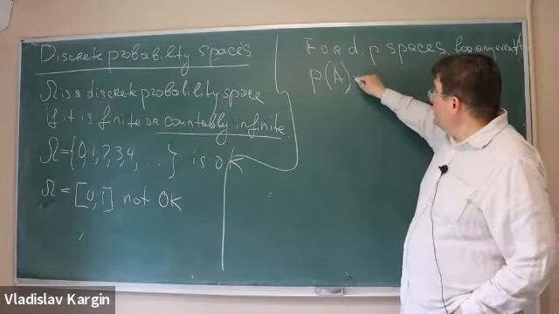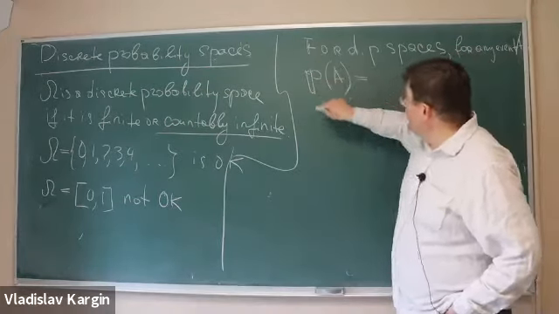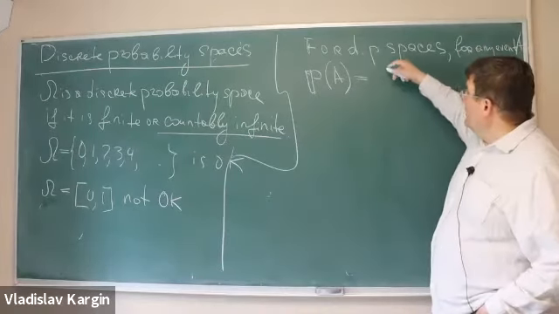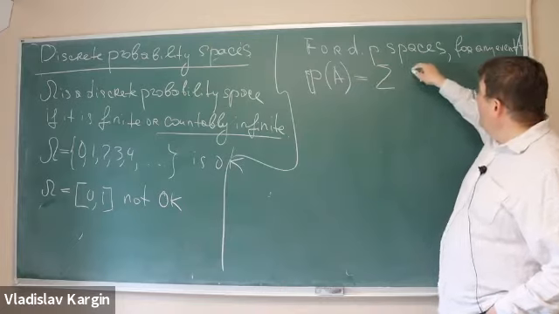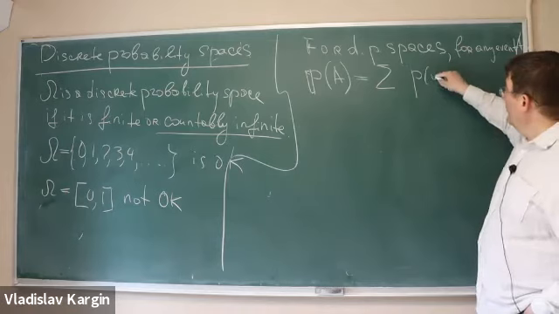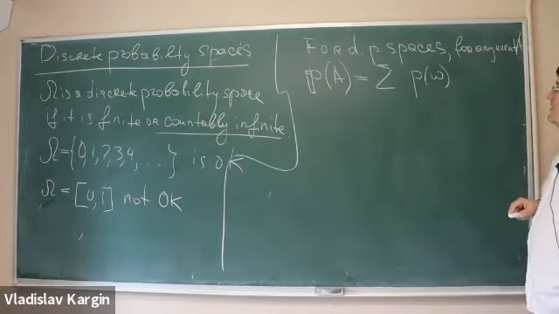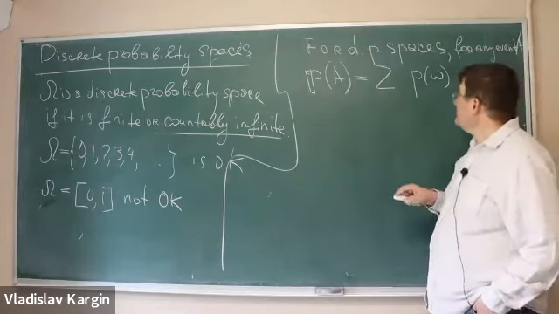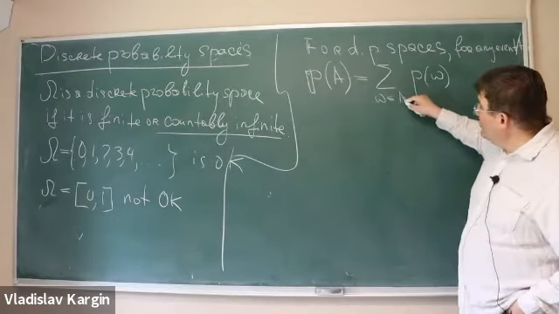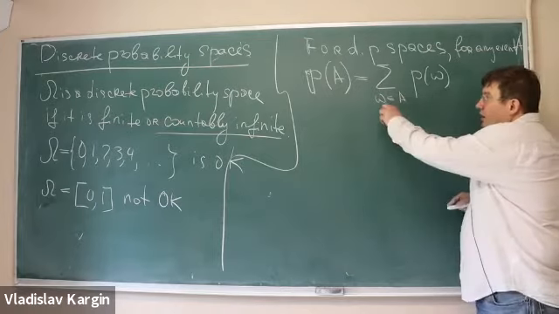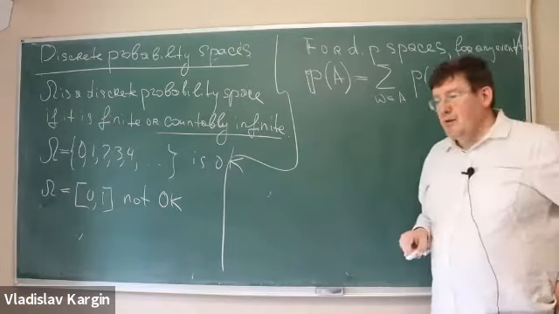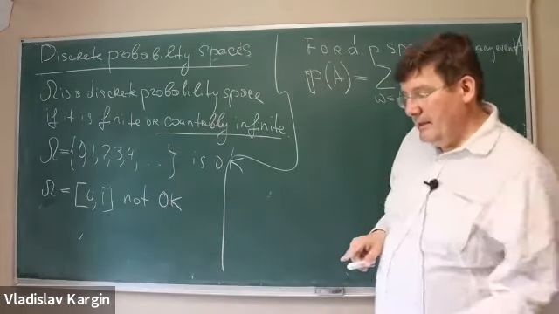So you can write it: the probability of A is equal to the sum of P of omega, where omega ranges over all outcomes which are in A.